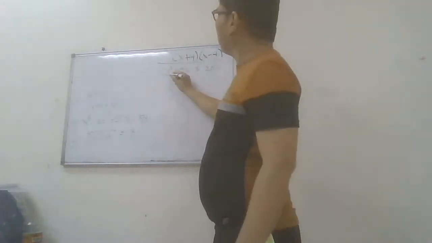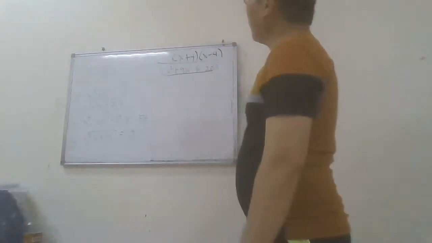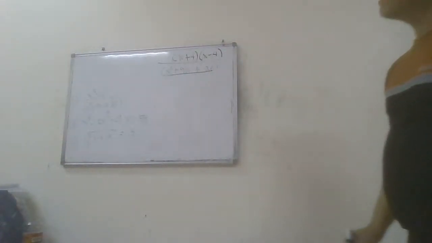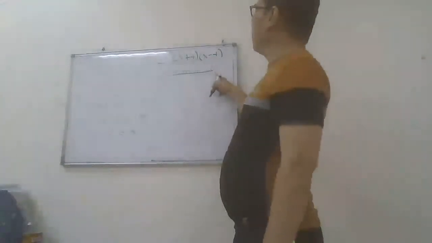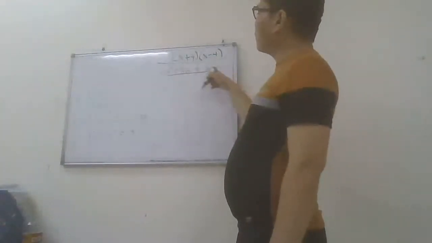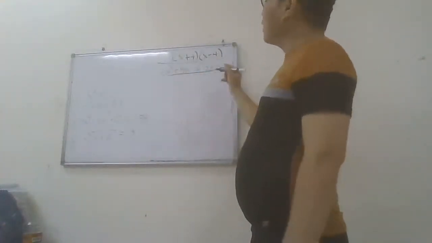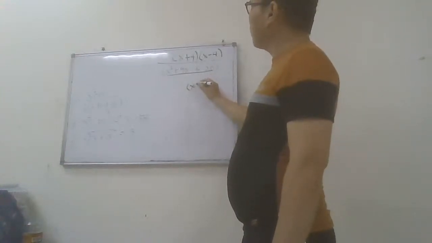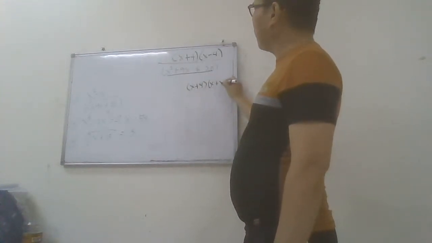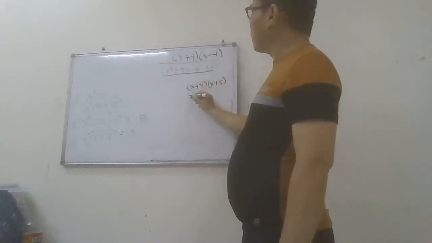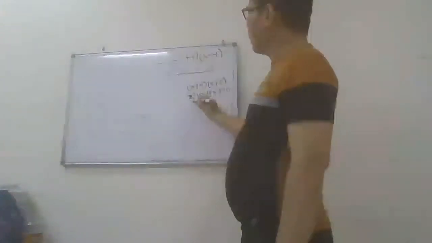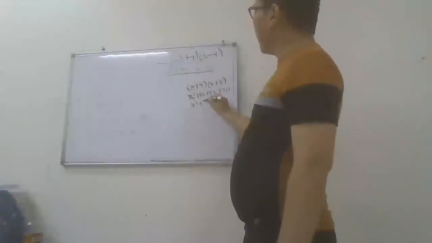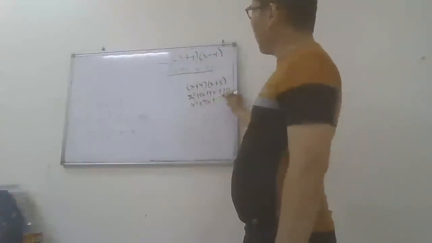Okay, so this one, is it factorable or not? Yes, we try 4 and 5 for 20 directly. Then 4 plus 5 is equal to 9. It's okay. It's going to be x plus 4 and x plus 5. Therefore, this is x squared plus 9x plus 20.